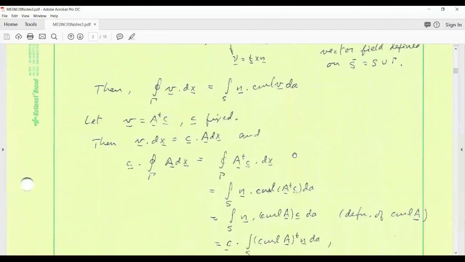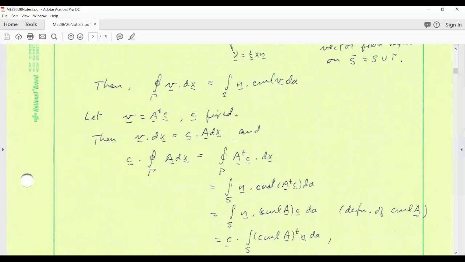So first thing we can do is extend this classical theorem to tensor fields by, for example, supposing that V is a tensor field A transpose operating on a fixed vector C. Then this integrand here, v dot dx, is simply c dot A dx. Right? It's dx dot A transpose c, which is the same as c dot A dx.